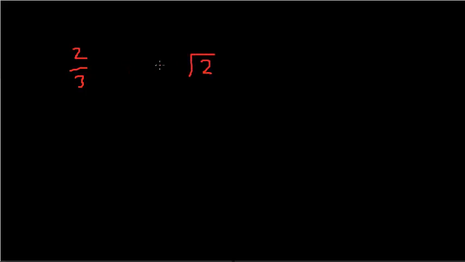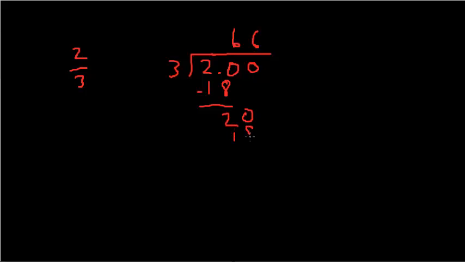So we can do this with any fraction, just converting it from a fraction into a division problem. So here 3 doesn't go into 2, so I add a decimal point and a 0. 3 goes into 20 6 times. 6 times 3 is 18. I have 2 left over, so I add another 0. 3 goes into 20 6 times, gives me 18. Subtract that, I have 2.